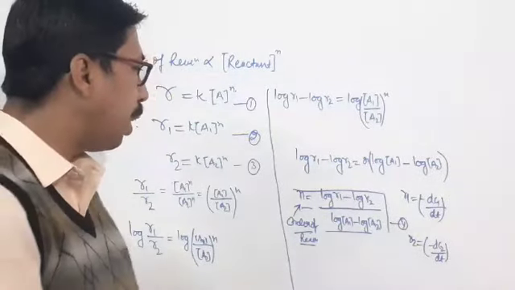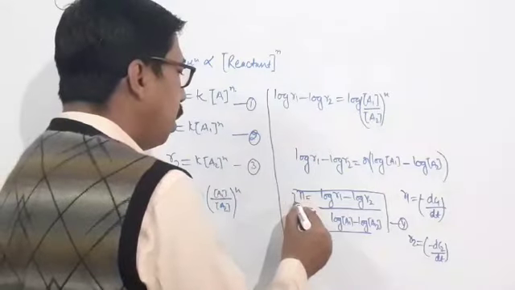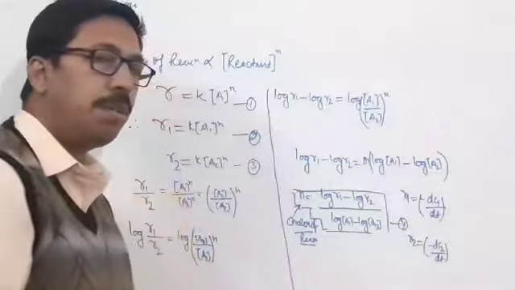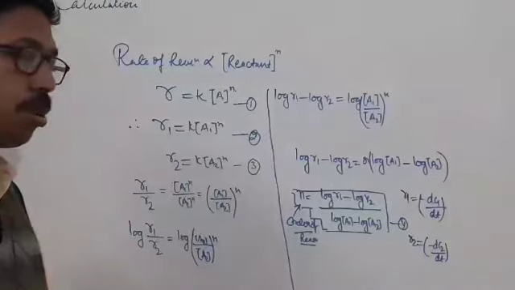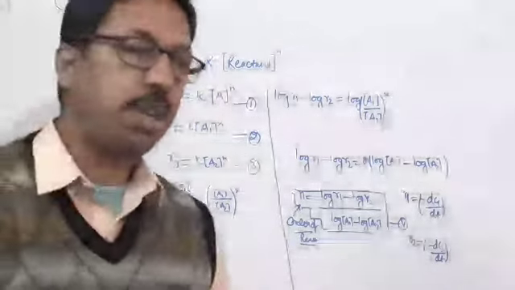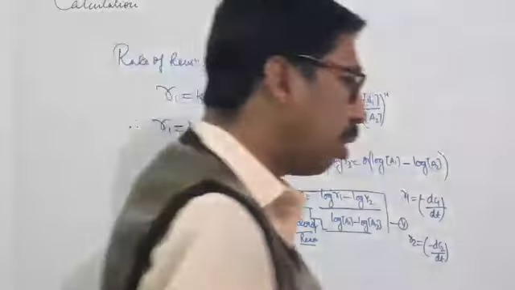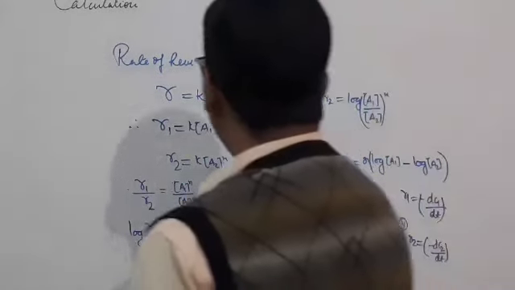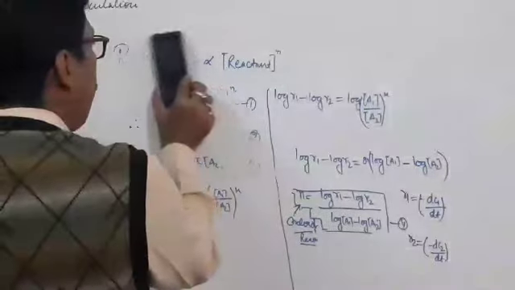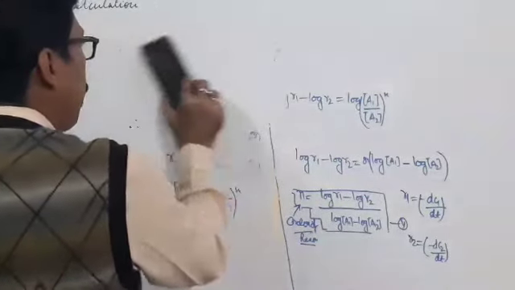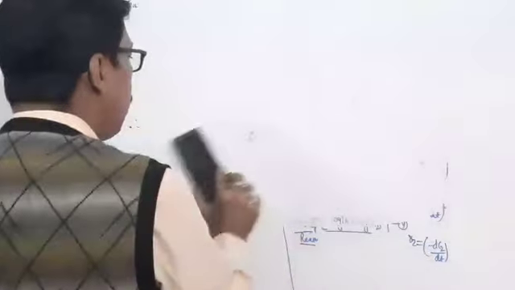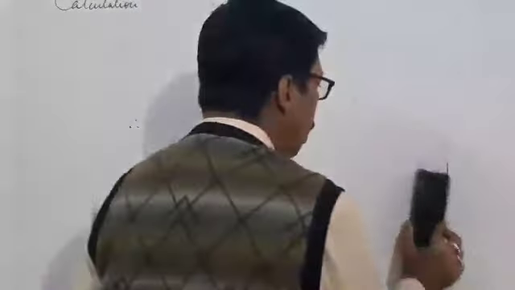I hope that these methods are very simple and all of you have understood how to find out the order of reaction. Now the third method that we are applying right now is the graphical method, by which we can easily calculate the order of reaction.